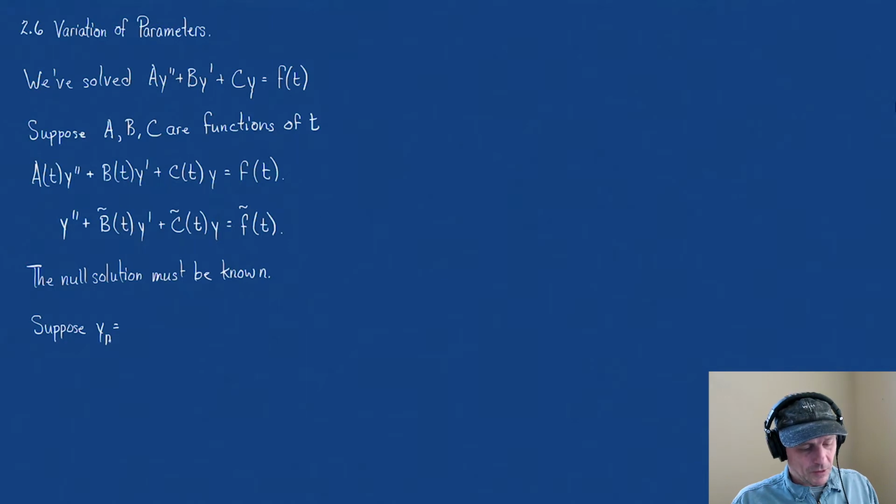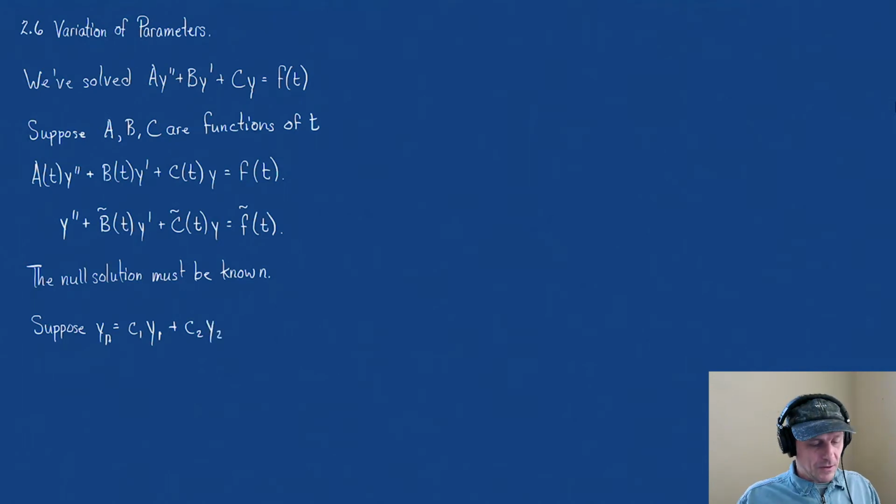We'd have two solutions. We'd have c1 times our first solution, often like an e to the s1t. So we'll just call it y1 of t. And I'm going to put, I won't write the t, just y1 plus I'll have some c2 times my second function of t, y2.